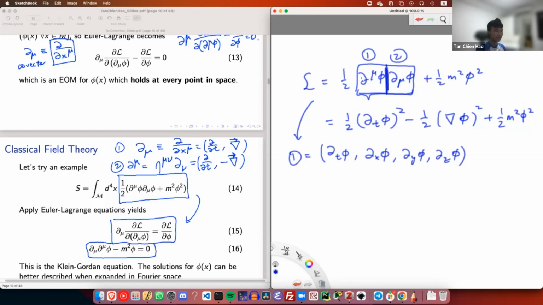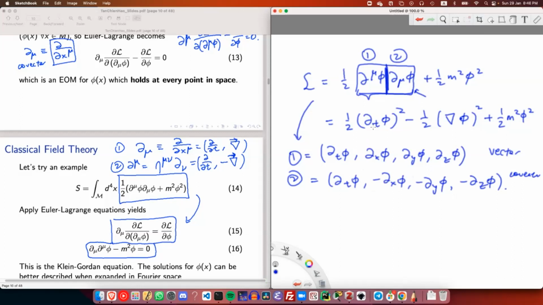The first item is a vector. And the second part, the part in the box, is a covector. So it is this. Covector.